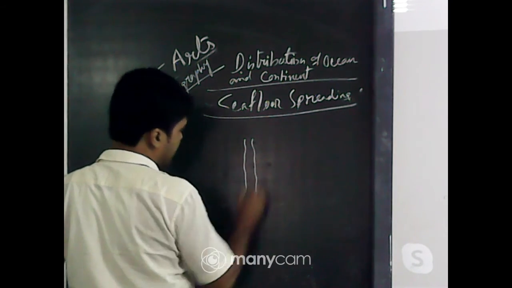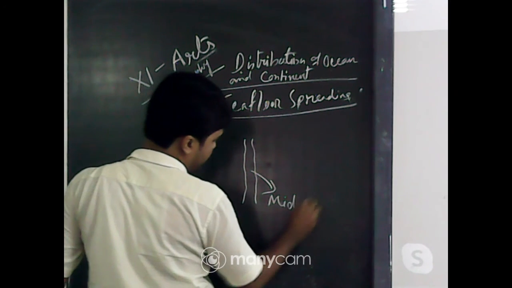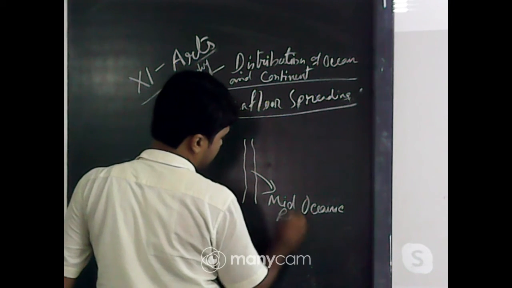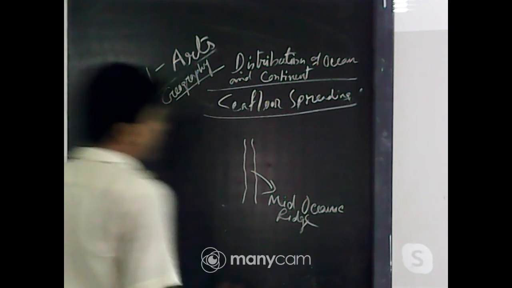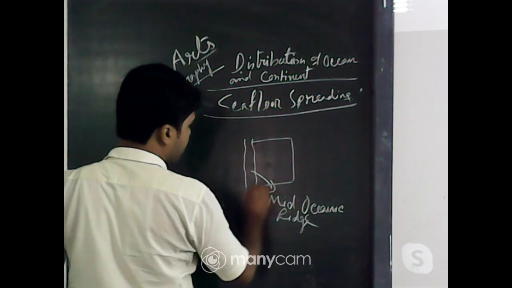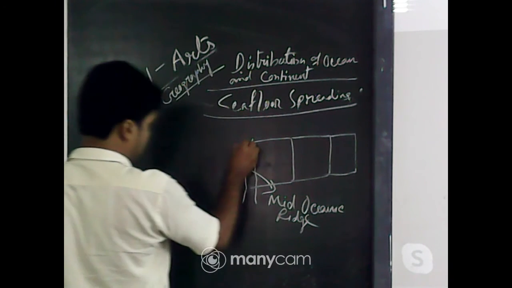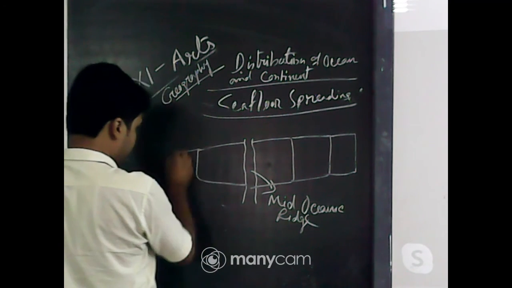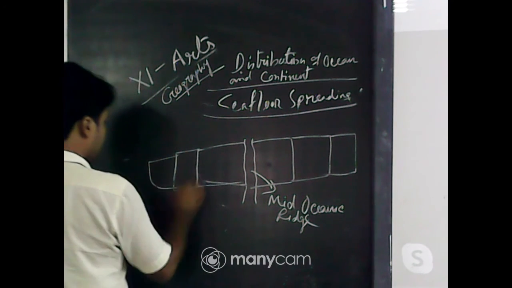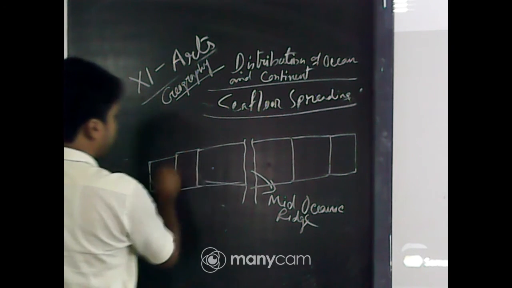So suppose this is the mid-oceanic ridge. Beside that area, from the mid-oceanic ridge both sides.